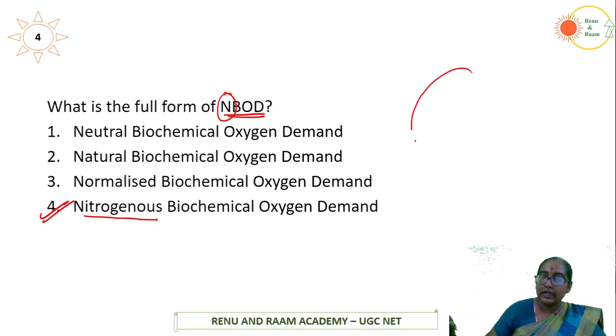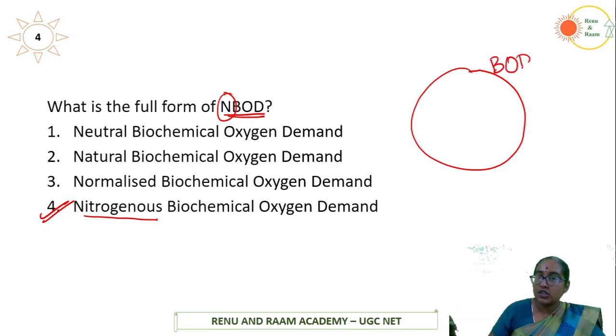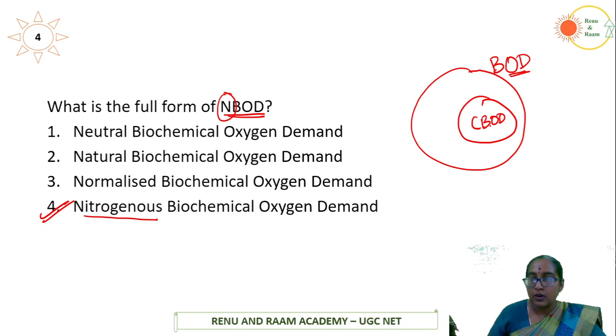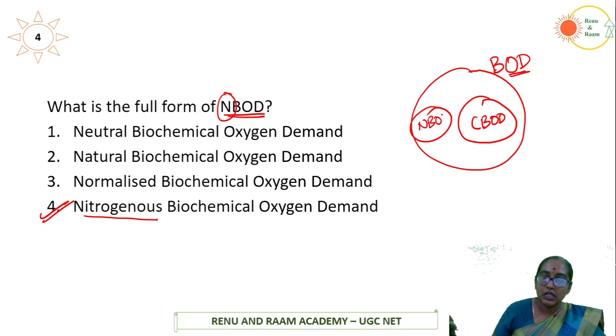If you see the entire pond, biochemical oxygen demand is the total demand needed by the microorganisms, of which one part is the CBOD, the oxygen used for eating carbon based material, and the other is the NBOD, which is needed for nitrogen based material.